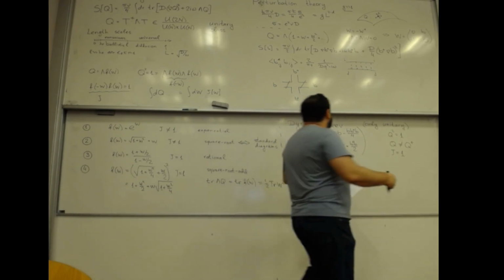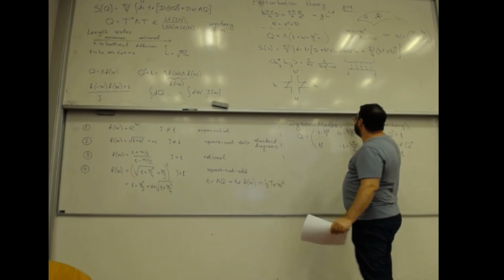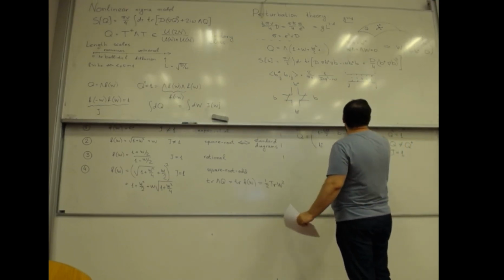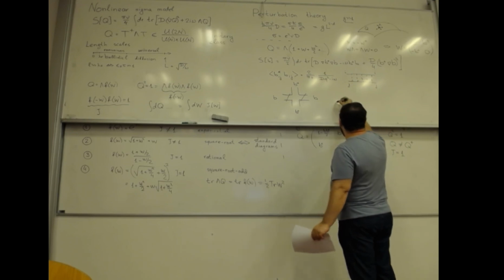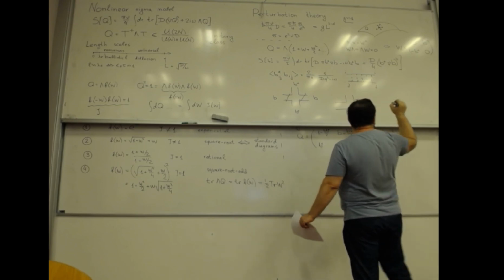I already said this many times. So we need two vertices like this, and I will probably draw it here. So we have one vertex. This is a nice picture, but I'm not a very good artist.